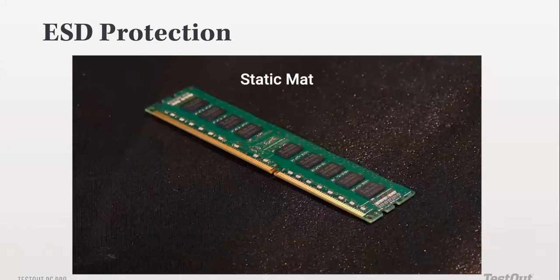It is called EMI, and EMI stands for electromagnetic interference. It can also cause static electricity buildup, which can damage components. So always keep these fragile electrical components on a static mat.